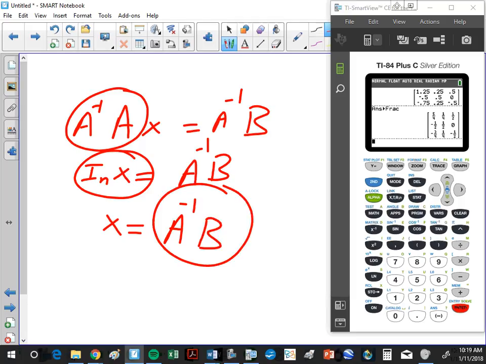So the answer to any system is always the inverse of the coefficients multiplied by the answer matrix. And that's all that RREF does.